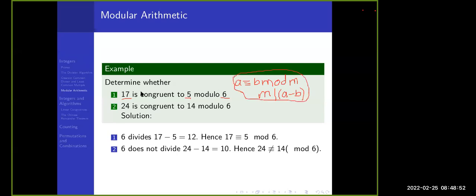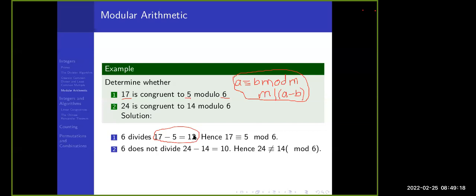So let's check. We want to check if 17 is congruent to 5 modulo 6. That means we need to check if the difference between 17 and 5 is divisible by 6. So 17 minus 5 is what? It is 12. And 12 is divisible by 6.